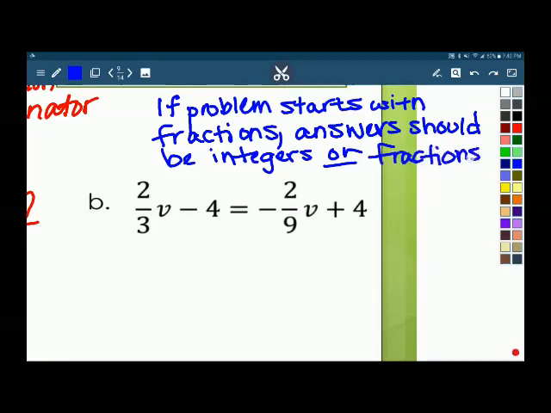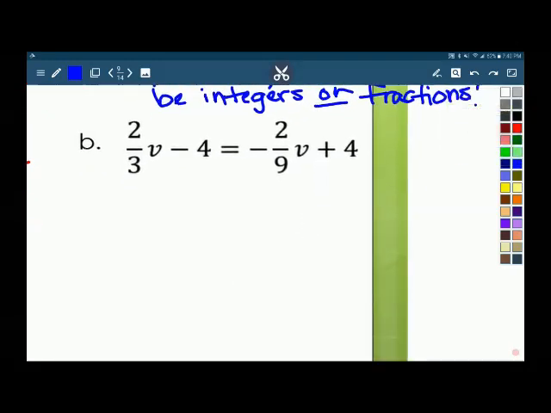Okay, I don't want to see people writing decimal answers when the original problem started off with fractions. We need to make sure we are practicing both fraction and decimal versions of numbers.